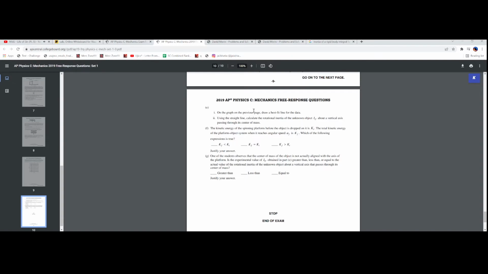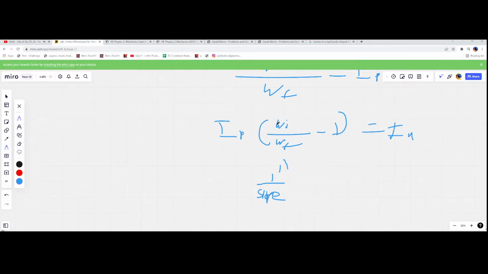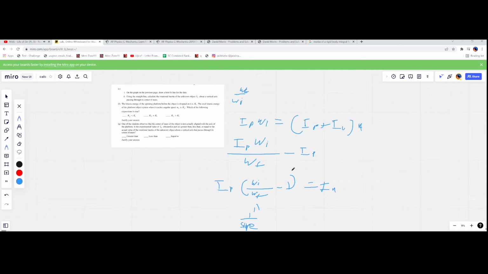Which of the following expressions is true? Justify your answer. The surefire way of doing this is to literally plug in numbers and empirically test it.